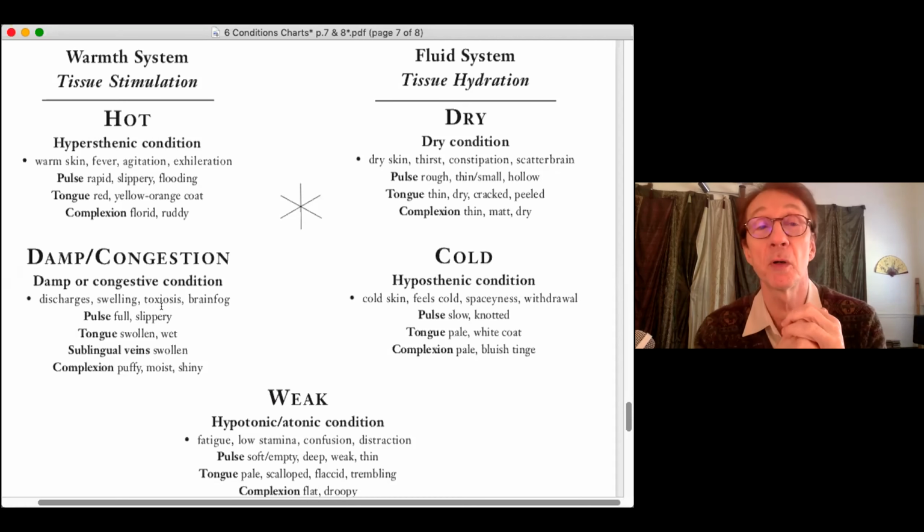So with damp, when the fluids congest, elimination slows down, and that creates toxicosis, which means a state of poison accumulation. Poisons accumulate in the system, right? And that can be in the interstitial fluids, in the blood. They can accumulate in the joints, different parts of the body. In general, we call that toxicosis. So that's a tissue state closely associated with congested fluids and damp.